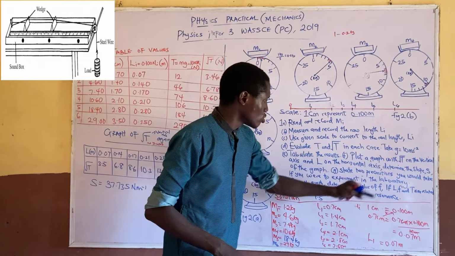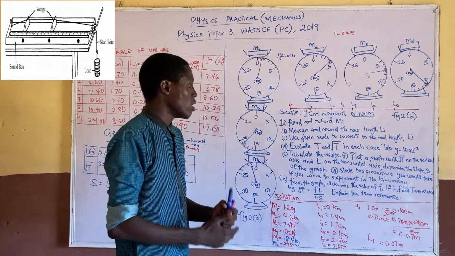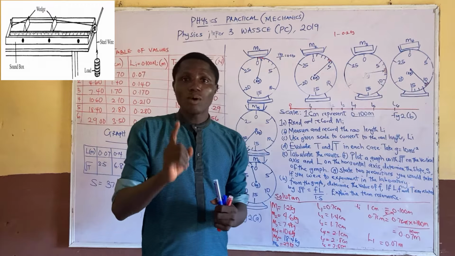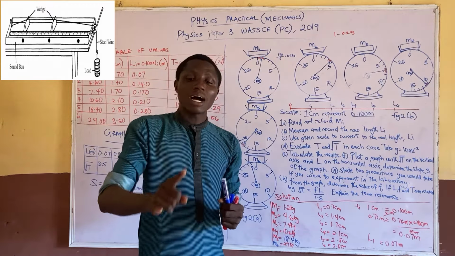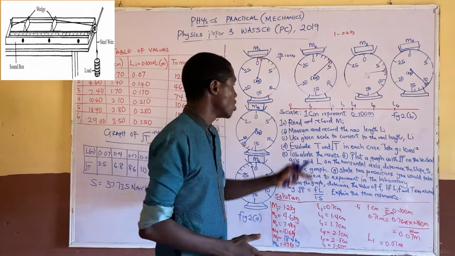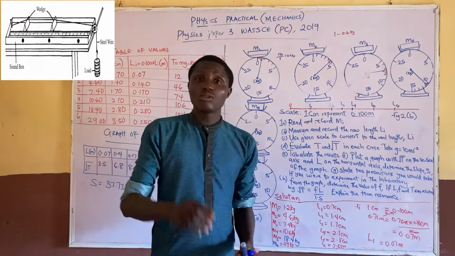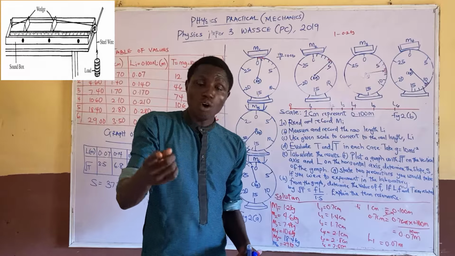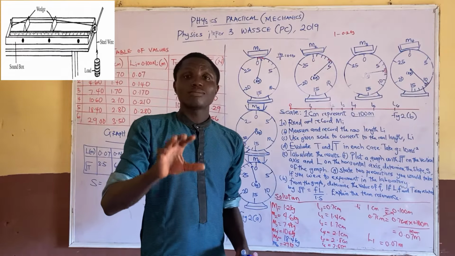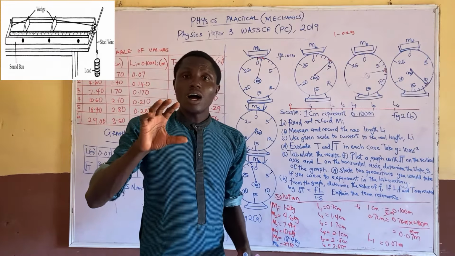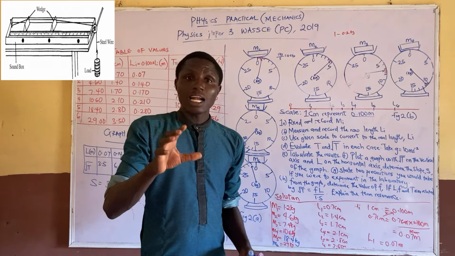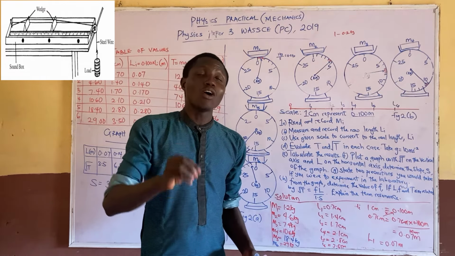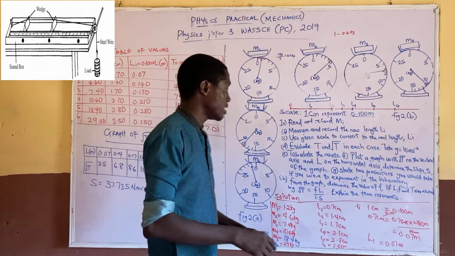Now we are asked to state two precautions you will take if you are to experiment in the laboratory. Number one is that I will ensure that error due to parallax is avoided, especially when taking readings on the meter rule.